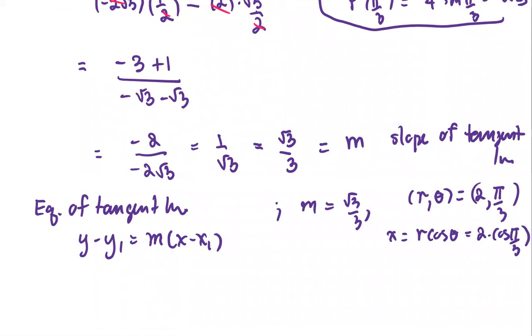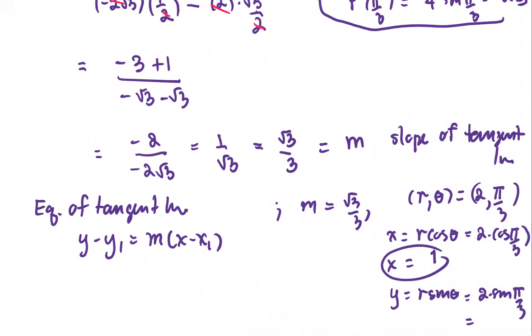Cosine of pi over 3 is 1/2, so x equals 1. For y, which is r times sine theta, or 2 times sine of pi over 3, we get 2 times square root 3 over 2, so y equals square root 3. The point x1, y1 is 1 comma square root 3.